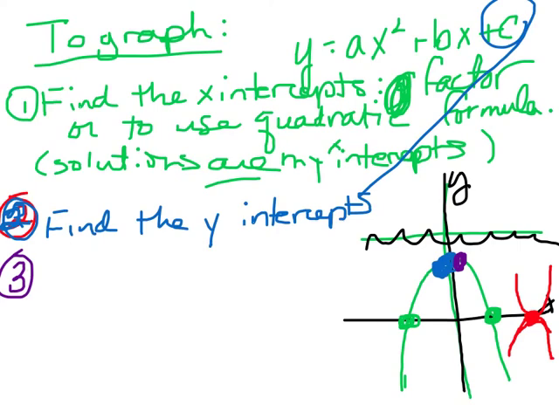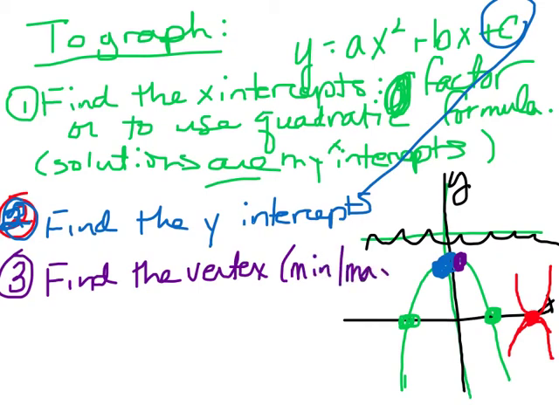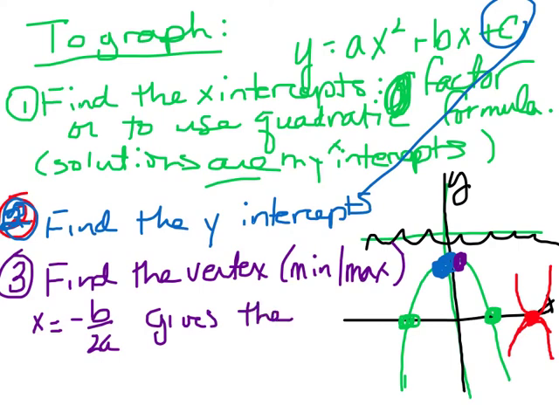How do I find the vertex? Because that's my maximum or my minimum. Find the vertex. It's your maximum or your minimum. I'll just put min/max. How do I find that? What was the little formula I used to find that? Remember this formula? That gives me the x-coordinate, just the x-coordinate.